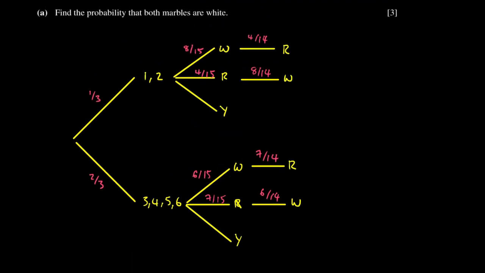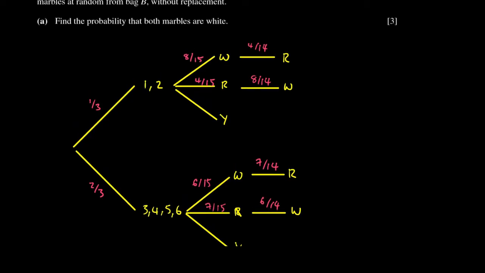All right, so now let's try to calculate all these probabilities. So we'll do the first pathway, which is this guy here. If I calculate that guy, I'm going to get a third times 8/15 times 4/14. If I do the next pathway, then what I'm going to get is a third times 4/15 times 8/14.